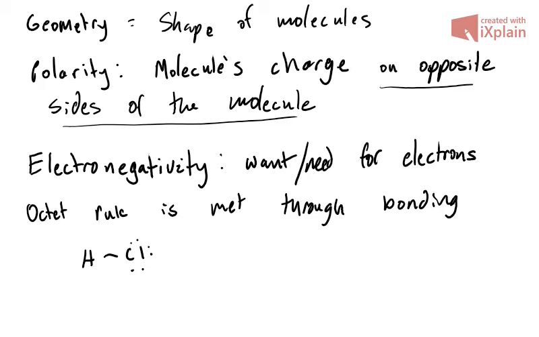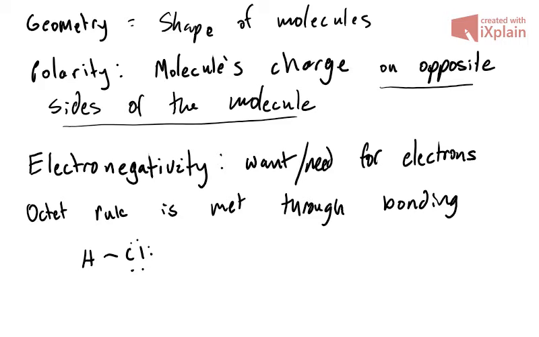But as a general rule, if you have two elements bound together and they are not the same element, it is most likely a polar bond. There's most likely an unequal sharing of electrons.